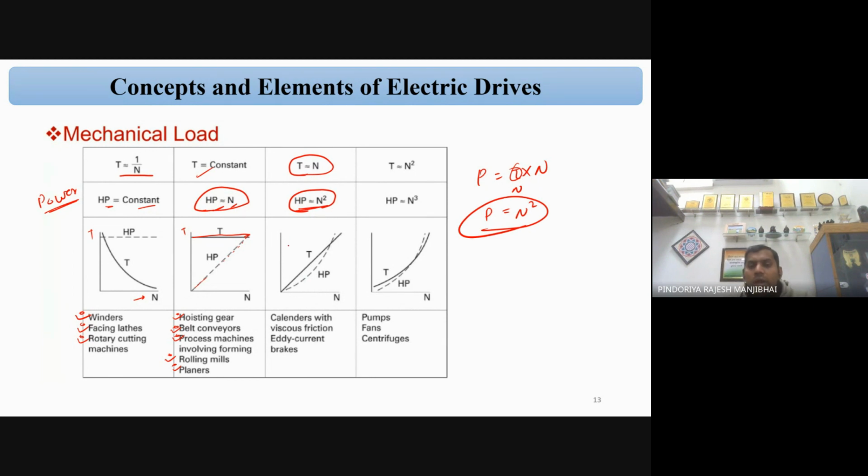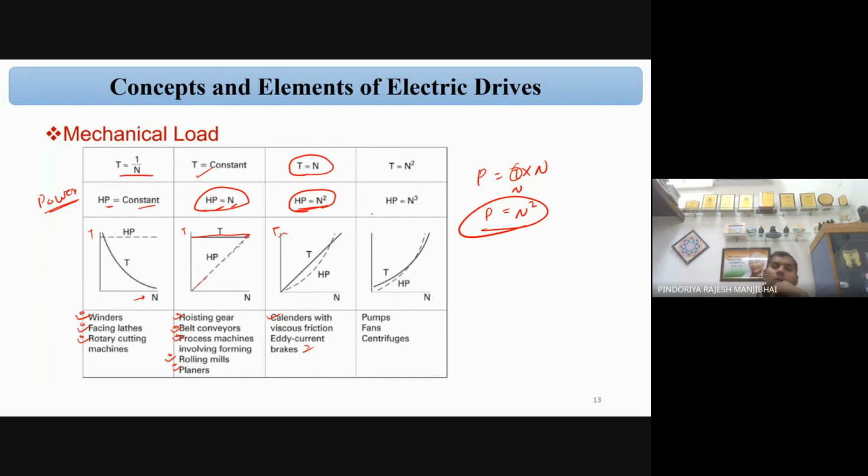On the y-axis there is torque, on the x-axis there is speed. So horsepower increases parabolically. Where can we use this type of characteristic? Cylinder winding, viscous friction, eddy current brakes. Generally we use this type of characteristic in the eddy current brake.